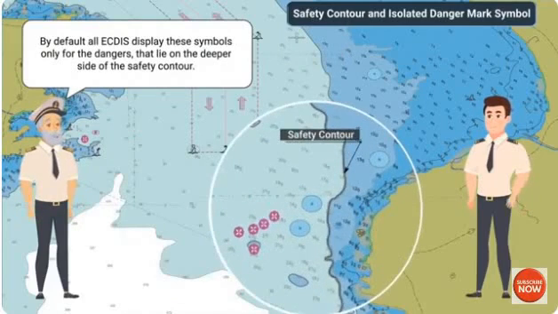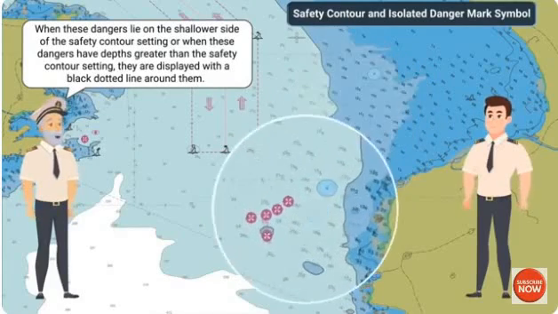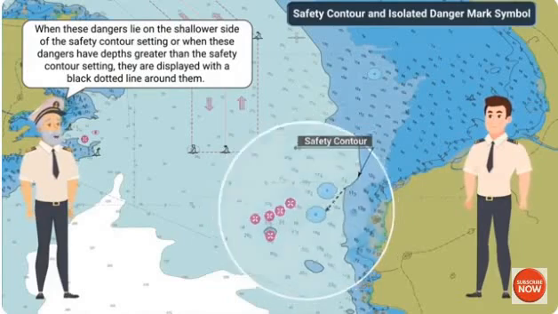By default, all ECDIS display these symbols only for the dangers that lie on the deeper side of the safety contour. When these dangers lie on the shallower side of the safety contour setting, or when these dangers have depths greater than the safety contour setting, they are displayed with a black dotted line around them.